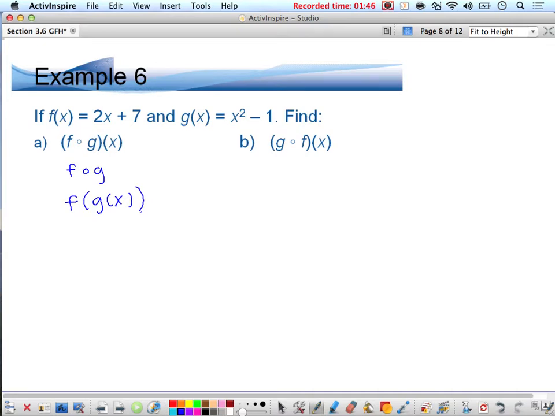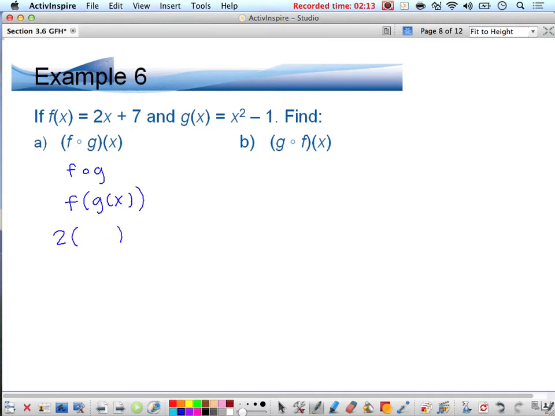And you should already be very familiar with that just because of the way the difference quotient works. So what this is asking us to do, all three of these symbols are asking us to find f of g of x. It's asking you to take your outside function and remove the variables. So my outside function is 2x plus 7, right?